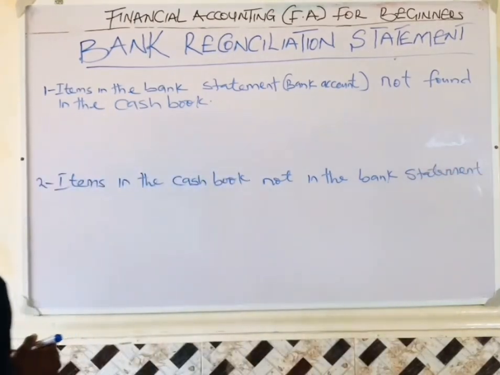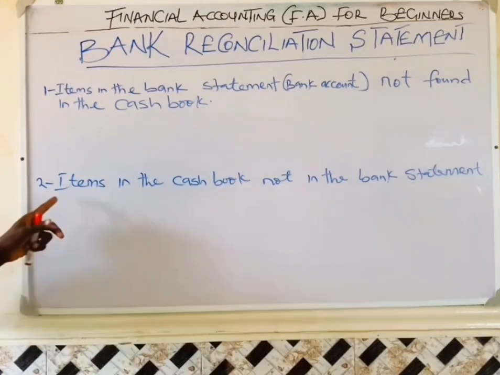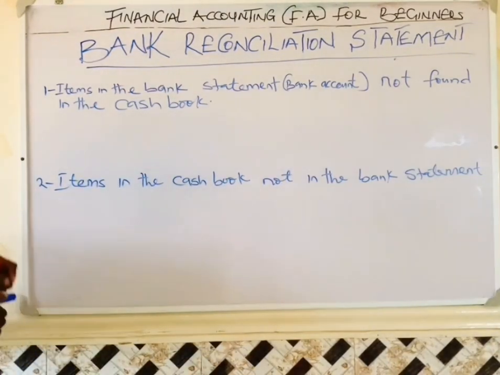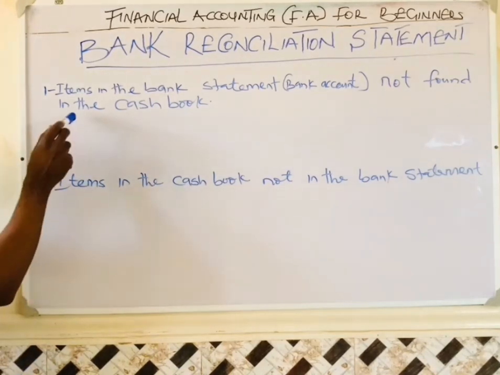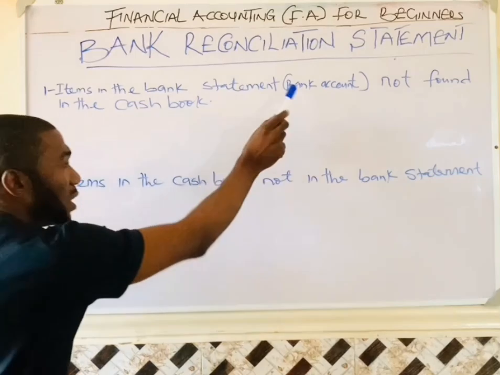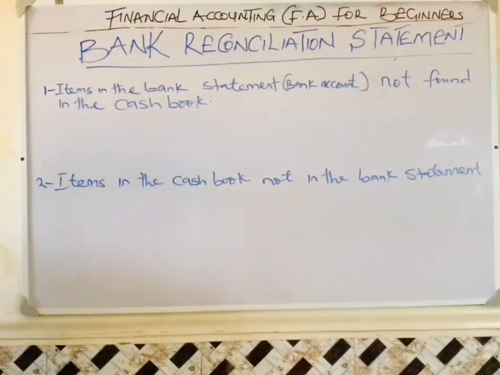This is the reason 2. There are items in your cash book that, if you cross-check very well, are not in your bank statement issued to you by the bank.